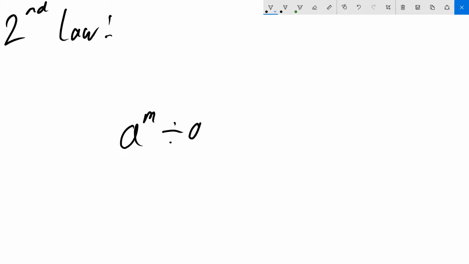Okay, let's look at the second law. The second law is basically an addition to our previous law. If we have a to the m divided by a to the n, we're going to get a to the m minus n.